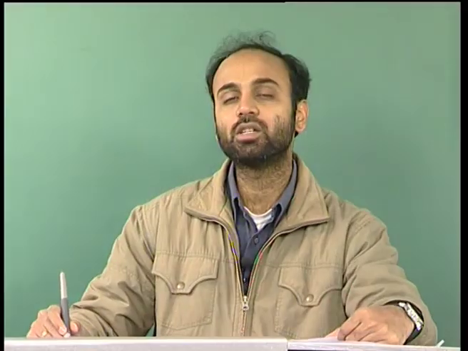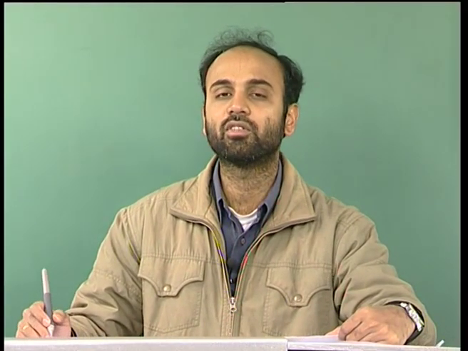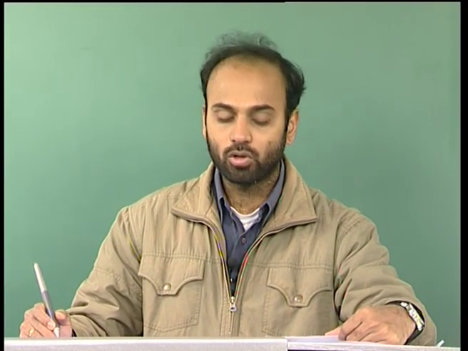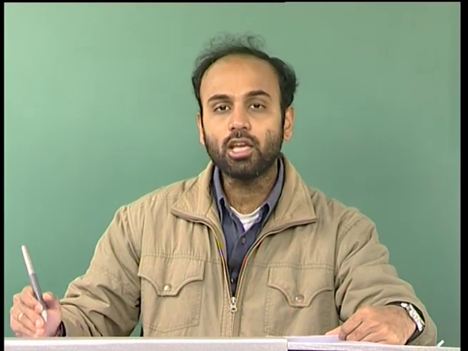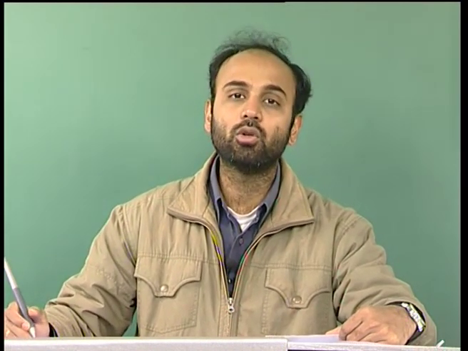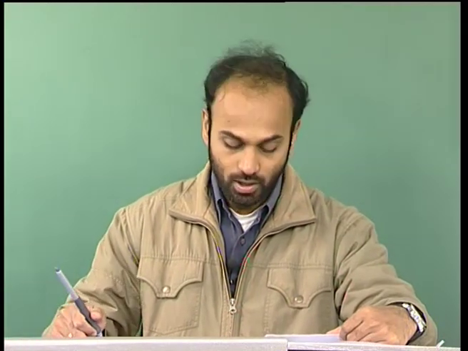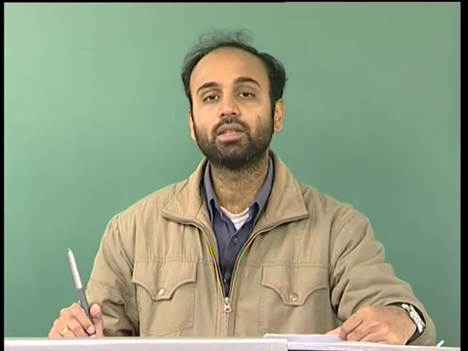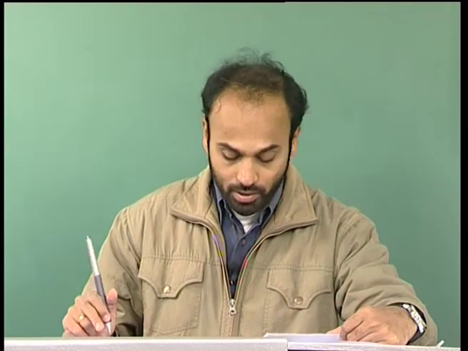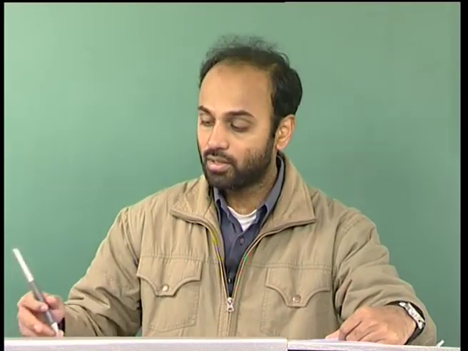Observe that U U Hermitian is not equal to identity, because we have assumed R is greater than or equal to T. If R is equal to T, then U U Hermitian is also identity, but the more general result is that U Hermitian U is identity.